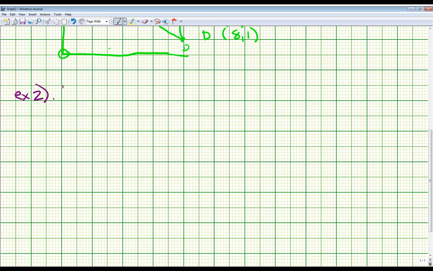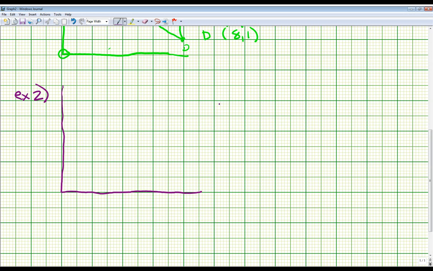Looking at our numbers, I've got to go up to 7 and up to 6 there, so I'm going to do a better job of drawing my coordinate plane so that I've got some more space so I don't go up into my next example.